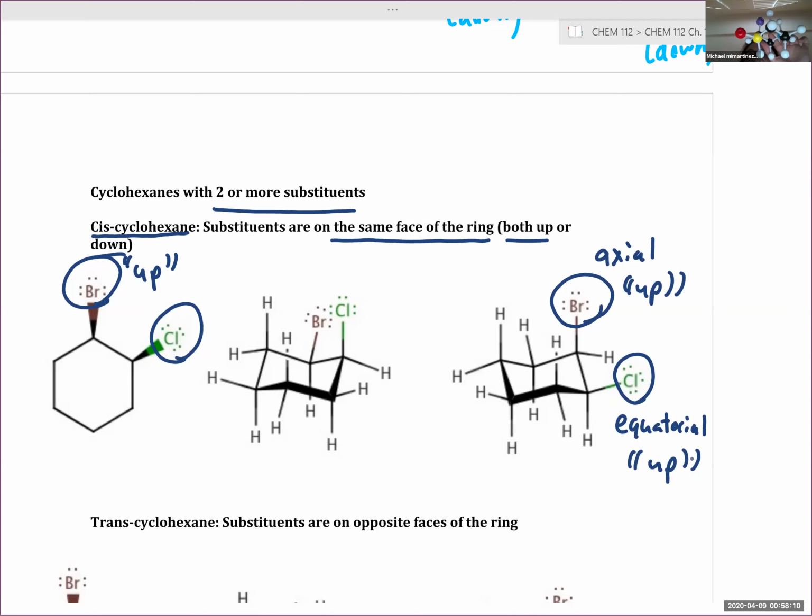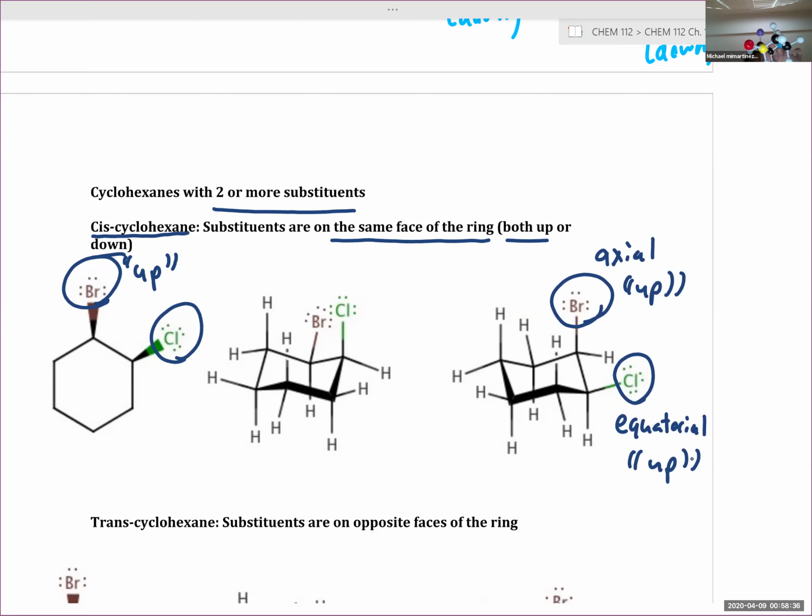Now are my bromine in red and my chlorine in purple, are they both still pointing up? Are they pointing above the plane of the page? I see some students saying yes, that's exactly right.